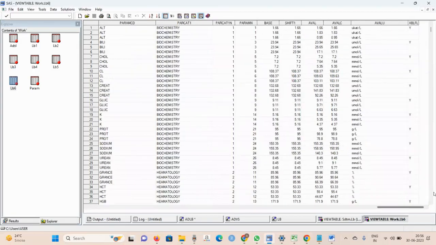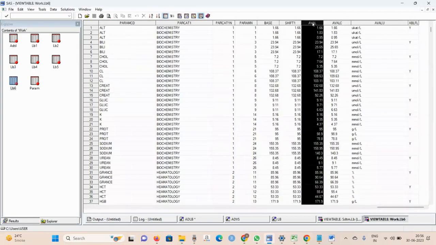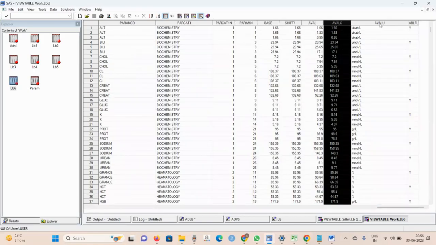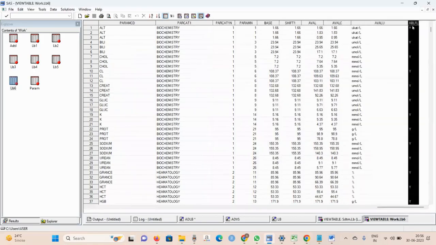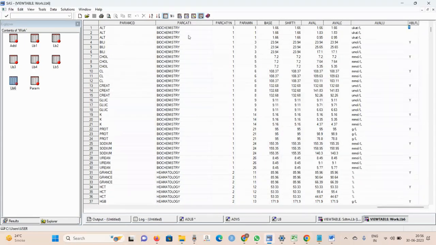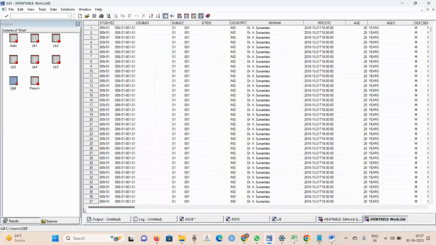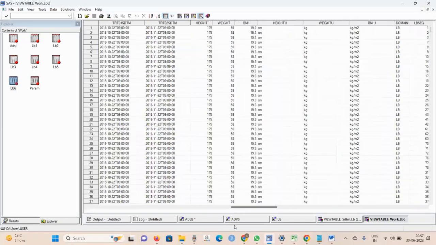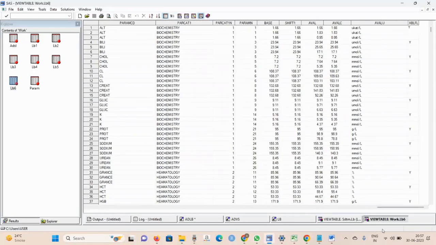We got our base and the shift one and AVALC, which is a character format, and the unit, and the baseline flag equal to yes. So this is the first parameter. The first value would be considered as a base, in the zero level, the zero screening level. We don't have the periods here, so we don't have that information. This is a screening, and this is period 1, and this is period 2.